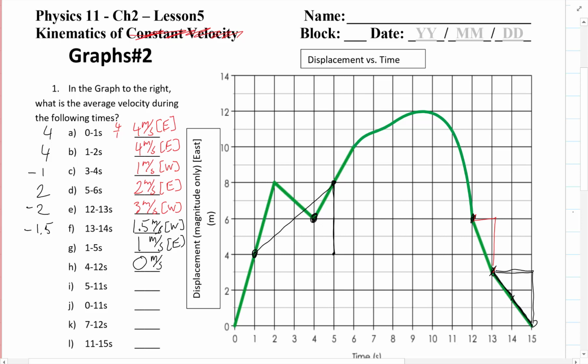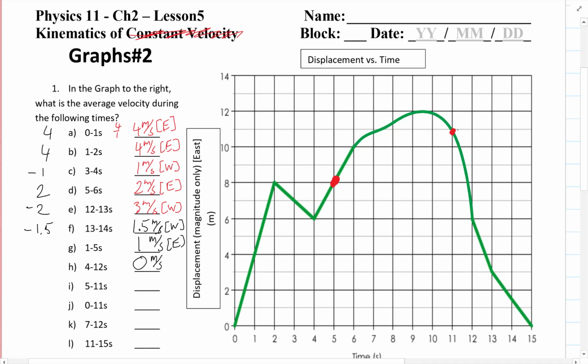5 to 11. I'm just going to start erasing some of these lines that I put in here so they're not distracting you and me. So 5 is here, and 5 to 11. Are they trying to say it's there? Okay, it looks like it's an eyeball one where we're not going to have it precise.